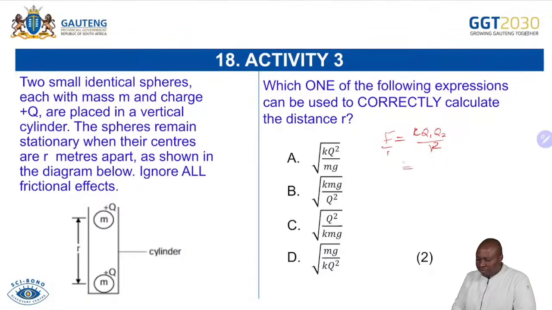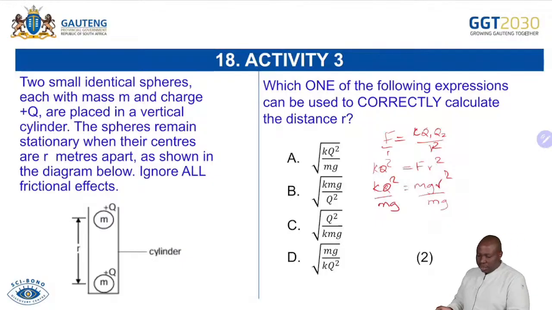So you're going to have KQ squared equals F R squared. Our F is mg, so we can simply say KQ squared equals mg R squared. We're looking for R, so we divide both sides by mg, and then you take the square root of both sides to get R.